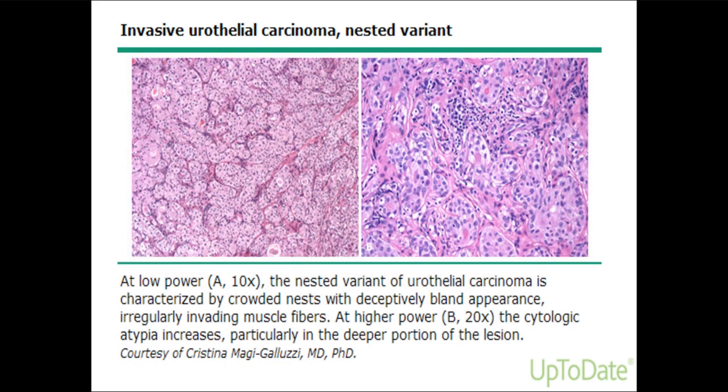This is another variant which I want to highlight, the nested variant. These look very bland. They have a very deceptive, irregularly invading pattern in muscle fibers. As you look at higher power, you can appreciate the cytological atypia. You can appreciate this particularly in the deeper portion of the lesion.